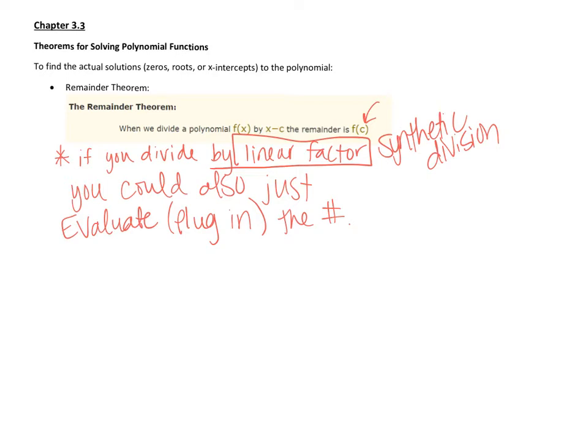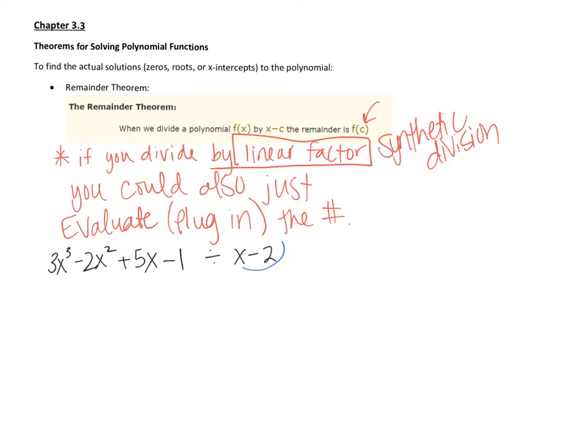Using the remainder theorem, let's say that we had the function 3x cubed minus 2x squared plus 5x minus 1, and we wanted to divide that function by x minus 2. Before, we said that means I can use synthetic division.